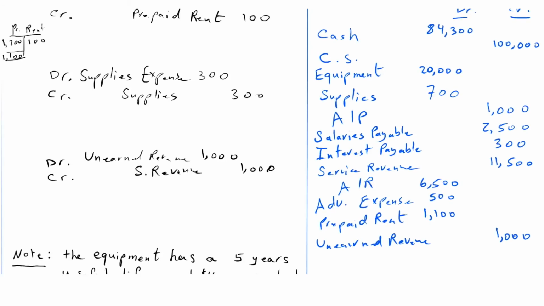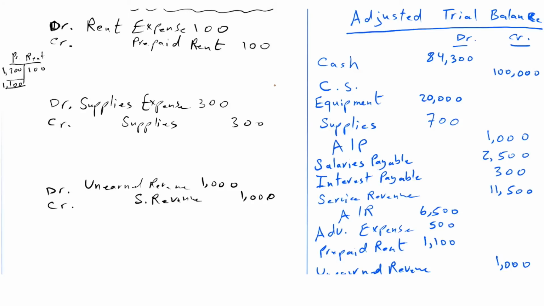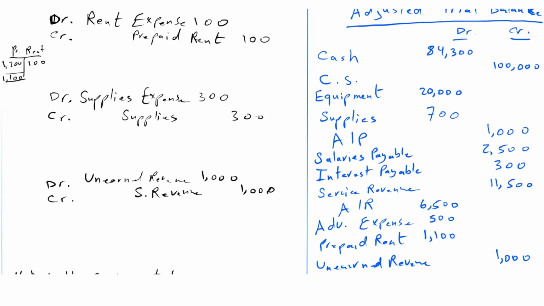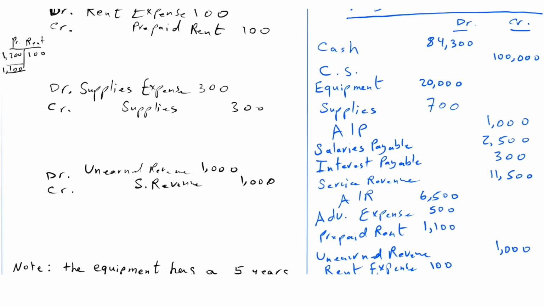Okay, now what else? From the unadjusted trial balance, we took all the accounts. Let's go back to the adjusting entries and find out if there was something that we did not record yet. Rent expense wasn't there, so we're going to go ahead and add it to the trial balance. Rent expense has a debit balance of $100. Then let's continue looking at the accounts one by one.